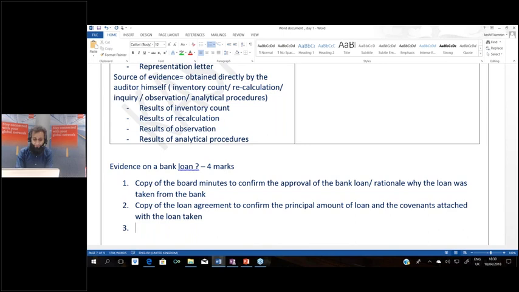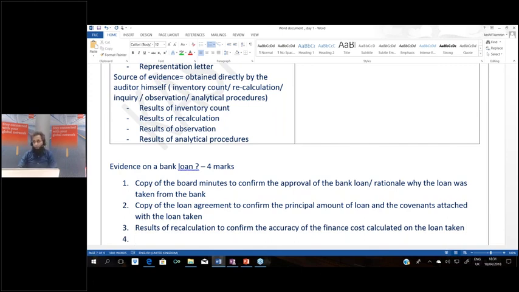Then I can have the results of recalculation to confirm the accuracy of the finance cost calculated on the loan taken.